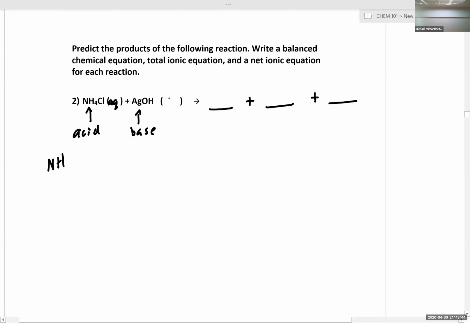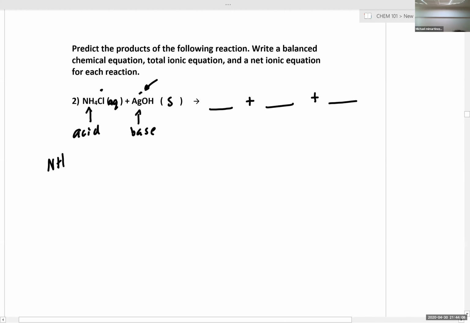Is silver hydroxide soluble or insoluble? It's a hydroxide salt, and hydroxide salts generally, are they soluble or insoluble? I see people typing solid, that's correct. It's insoluble. Hydroxide salts in general are insoluble except for a few exceptions.